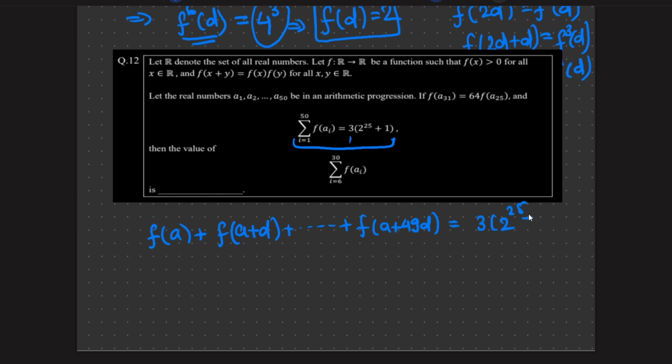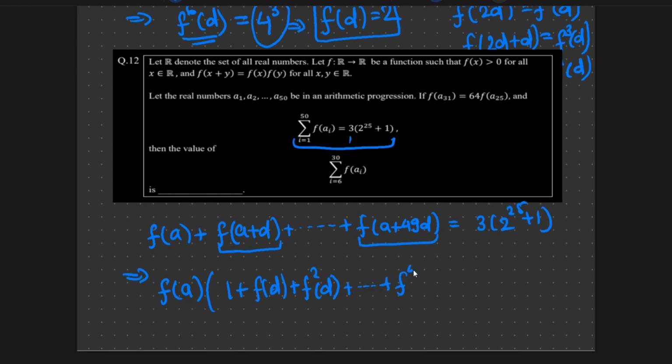Okay, this is what we get. So can I write f(a + d) as f(a) into f(d)? And similarly, can I write f(a + 49d) as f(a) times f(d) to the power 49? By doing that, we take f(a) common, and then we get 1 + f(d) + f squared of d up to f(d) to the power 49.